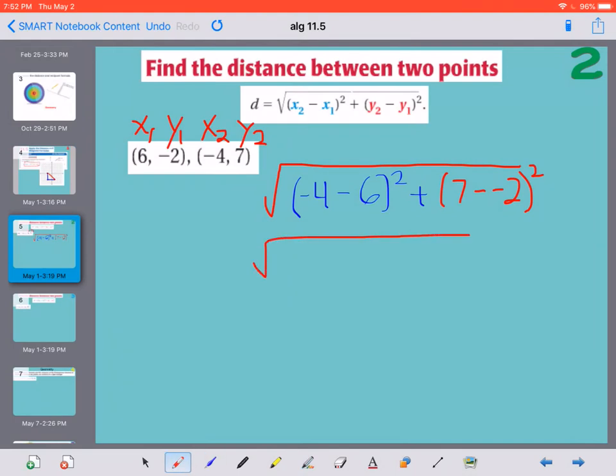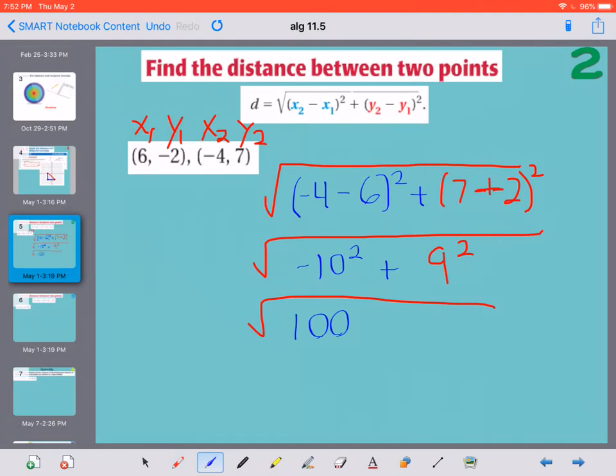Then we have to solve this. Negative 4 minus 6 gives me negative 10 squared, plus 7 minus a negative 2 makes it 7 plus 2, which is 9 squared. Negative 10 squared is 100, and 9 squared is 81.